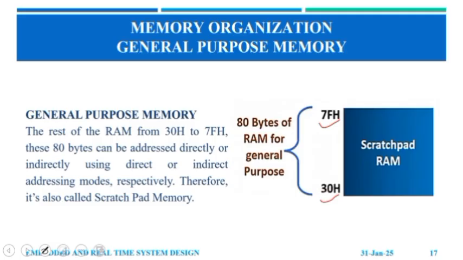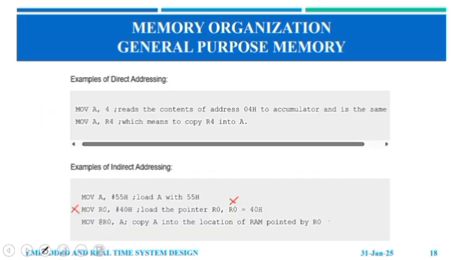These are just instructions that can be used for general purpose memory. These are the various different instructions that can be used, not just limited to this, but generally this is just some examples of direct and indirect addressing which can be used for the general purpose memory set of registers.